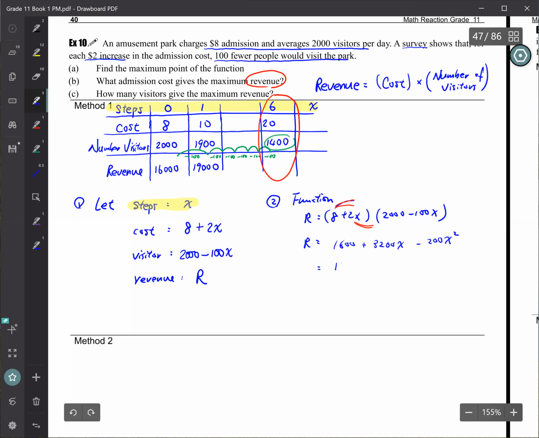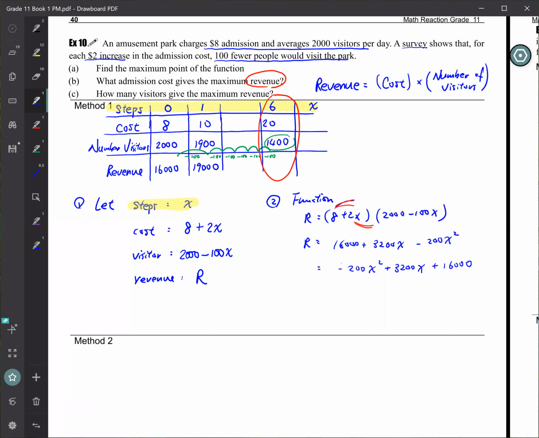Okay, 16,000 plus 3,200x, minus 200x to the power of 2. Yeah, okay. And make sure you put it in order before you do the standard form. Okay, so negative 200x squared plus 3,200x plus 16,000.